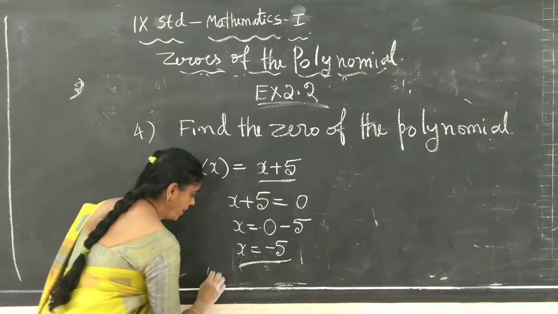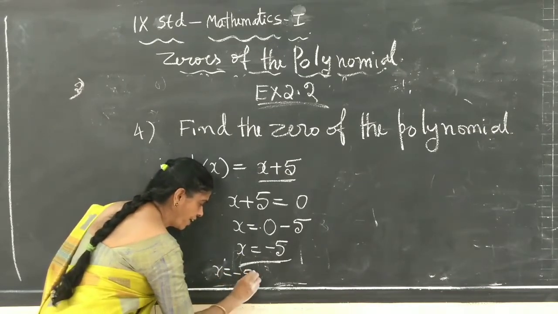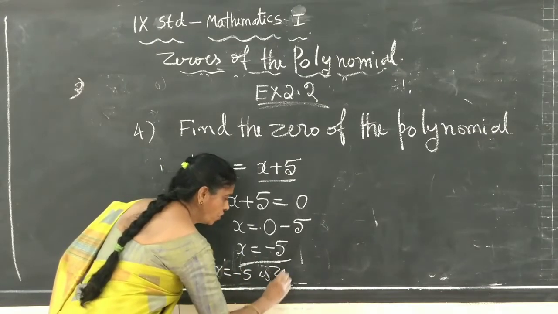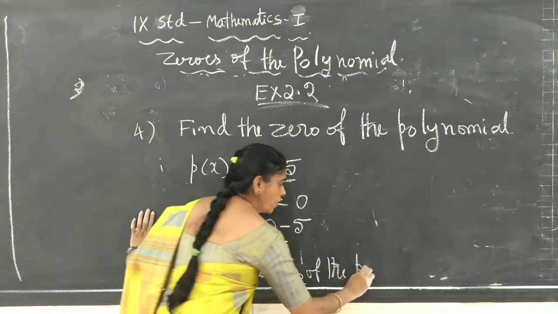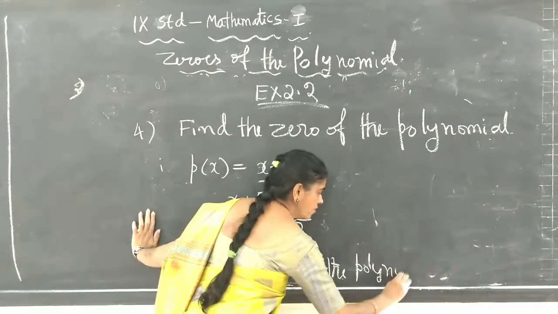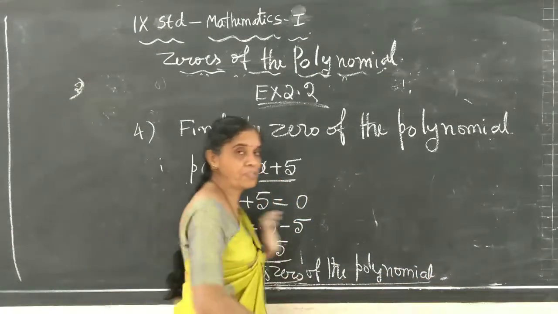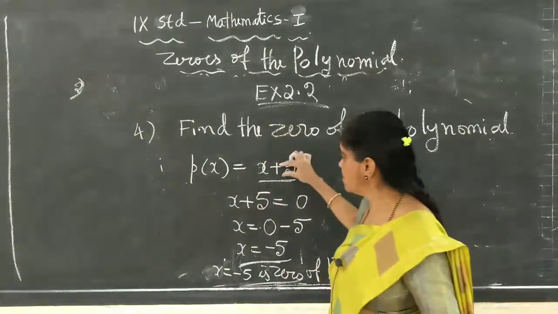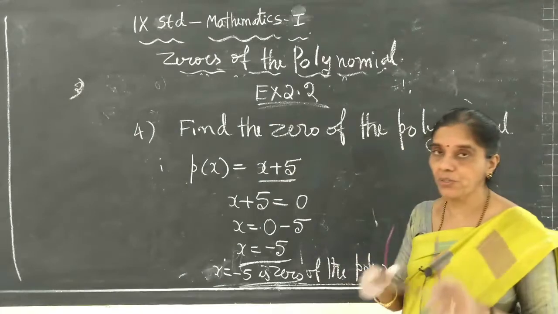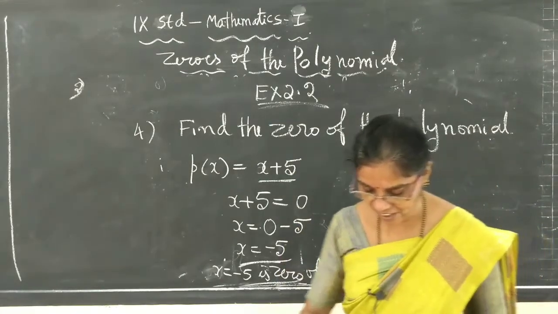So x is equal to minus 5 is the 0 of the polynomial. It is very simple. You have to take the polynomial and equate it to 0. One more I will solve, then you will understand.